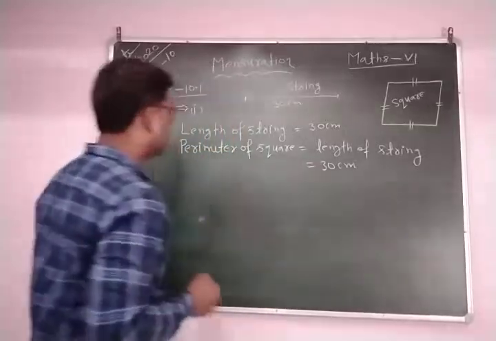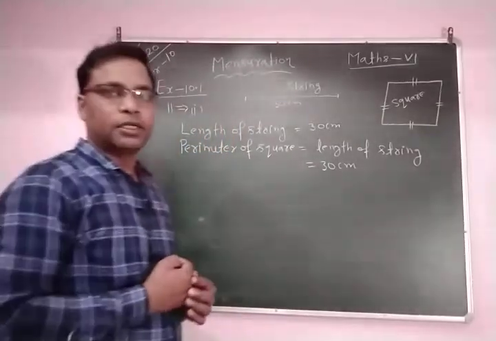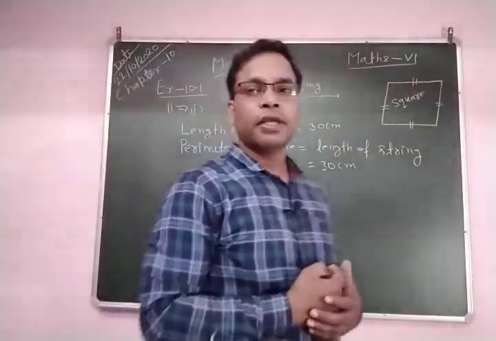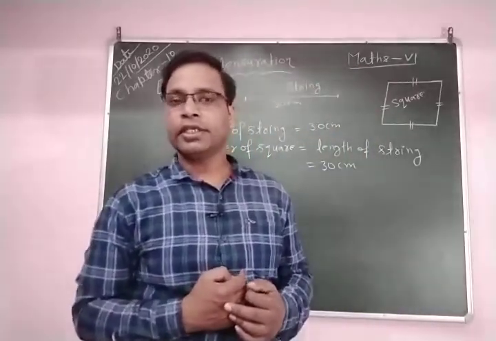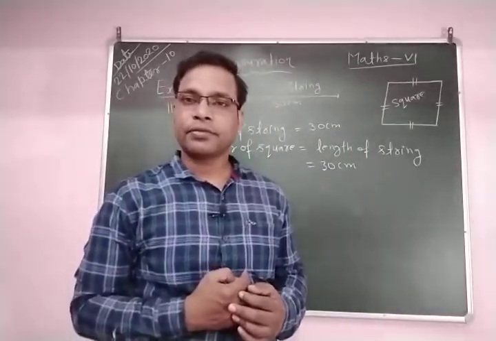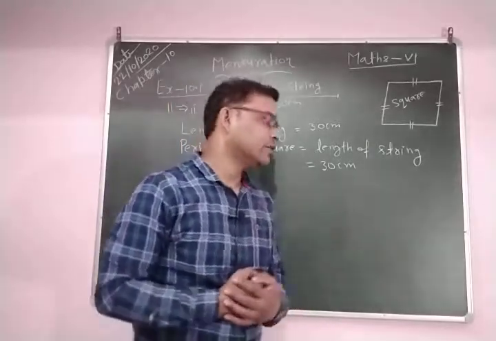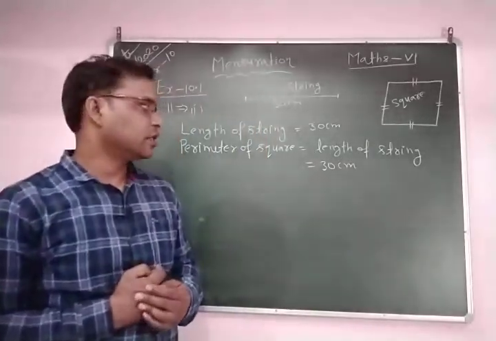So the perimeter of the square is 30 centimeters, because this square is made by the given string whose length is 30 centimeters.